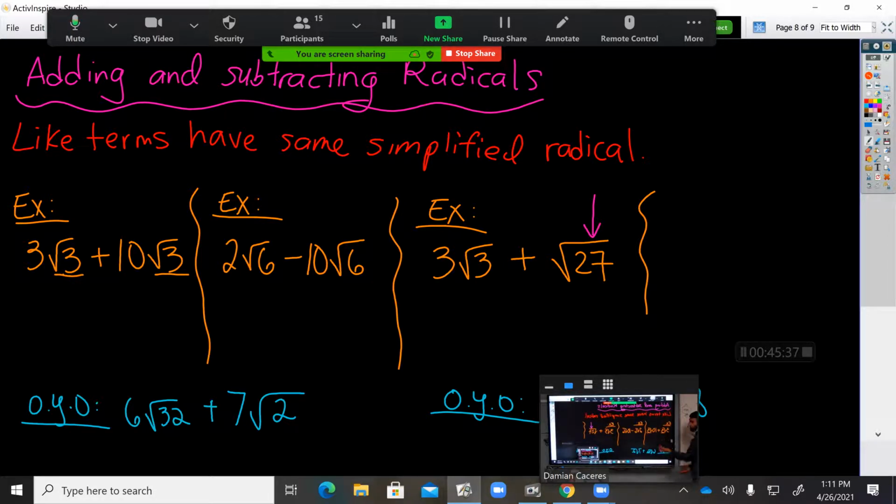Yes, because they both have square root of 3. So if they're like terms, use the same method as you used before. Add or subtract, and the exponent or radical or variable stays the same. So here we go. 3 plus 10 is 13, and the radical stays the same, just like when you collect regular like terms.